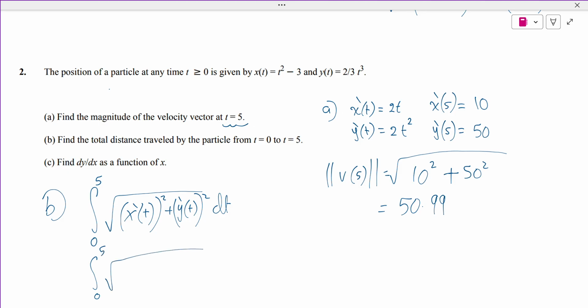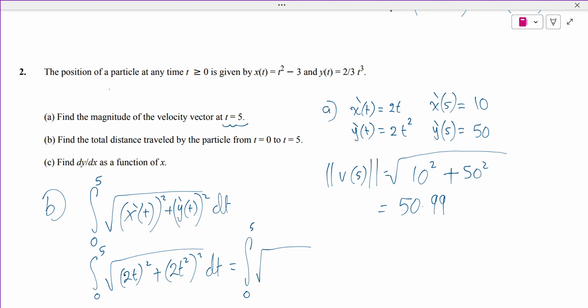Which is equivalent to the integral from 0 to 5 of the square root of, x prime would be (2t) squared plus (2t squared) all squared dt. Let's start with the second term.